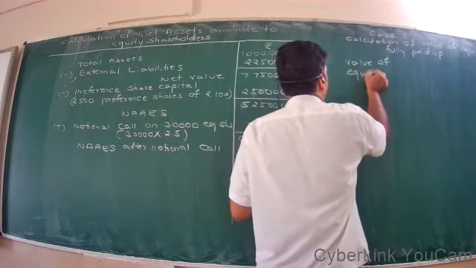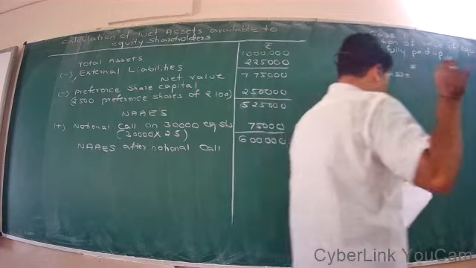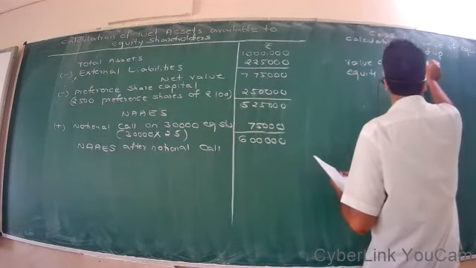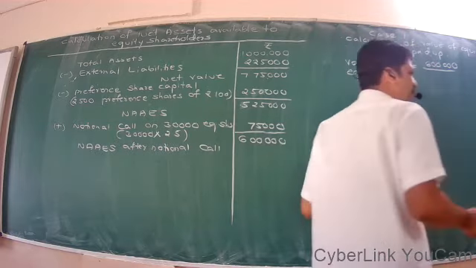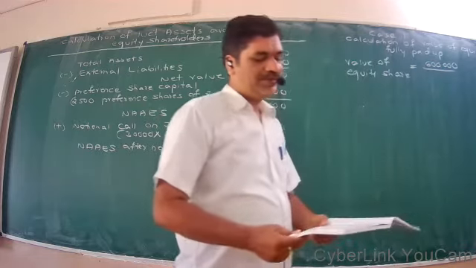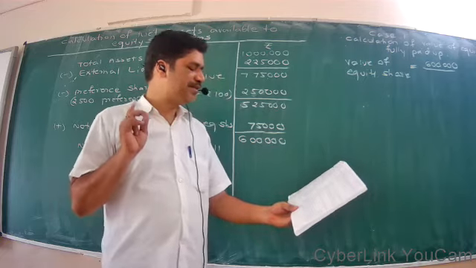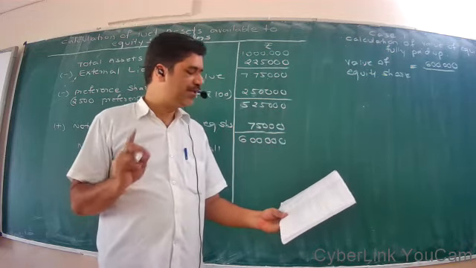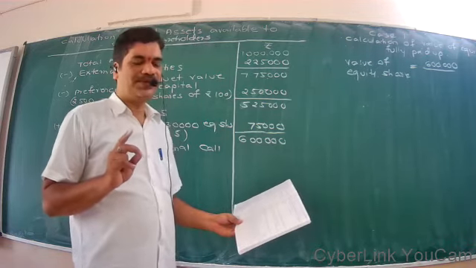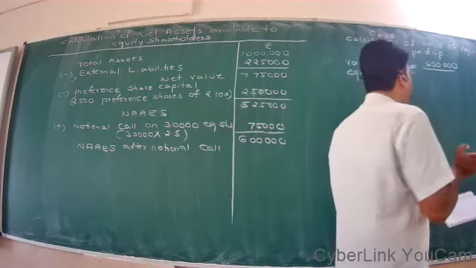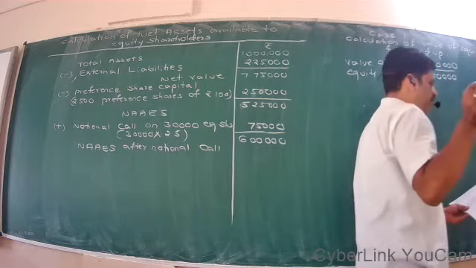Here net assets available for equity shareholders is 6 lakh, divided by, here you have to remember one fact: you have to take the total number of equity shares, that is 50,000, not 20,000.